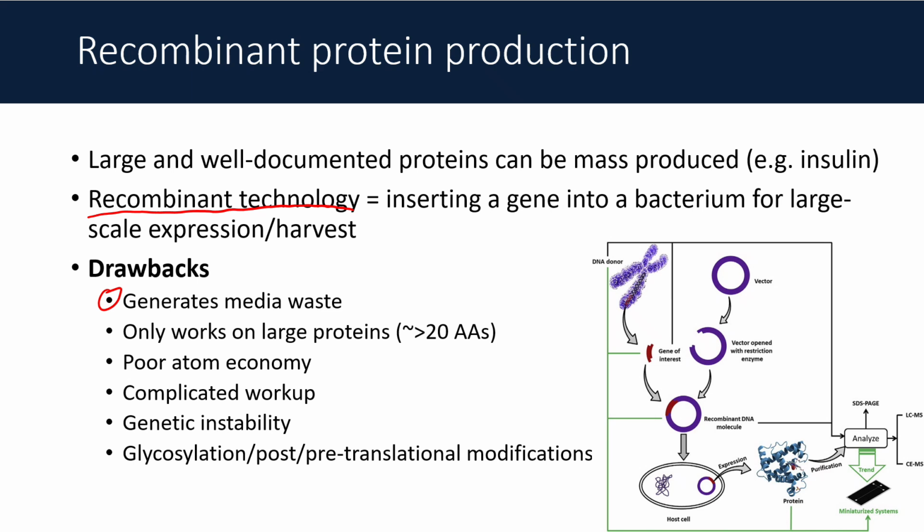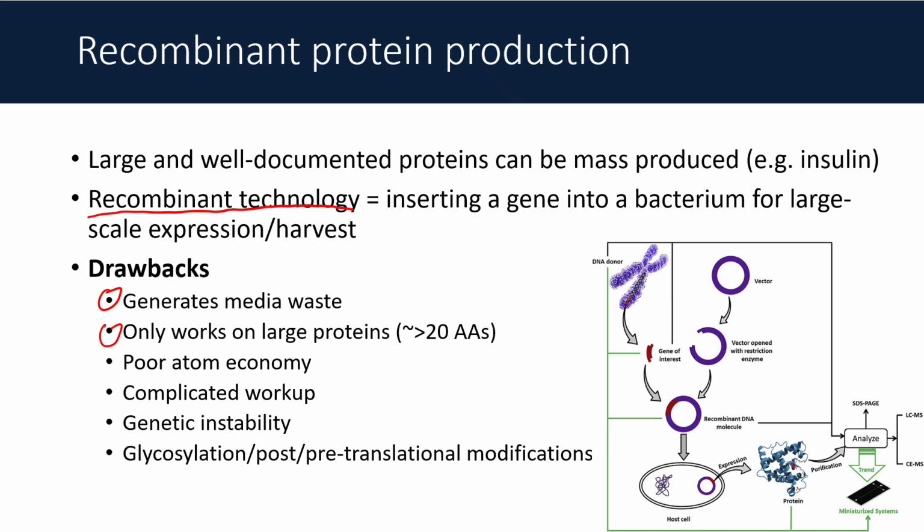Furthermore, biology doesn't really do small proteins. The smallest on record, I believe, is 20 residues long. But really, insulin at 51 residues is already near that lower limit of what an organism will transcribe. If you want a 10-mer peptide, this approach isn't viable.